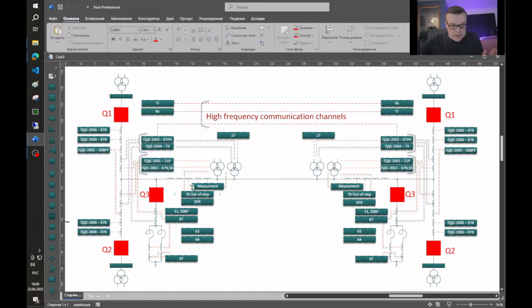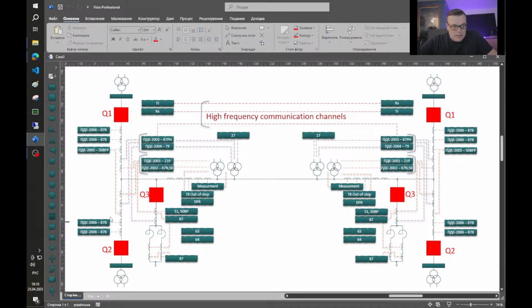So I want to start with the current transformers. There are 3 CTs: a line CT, and each circuit breaker has its own CT.